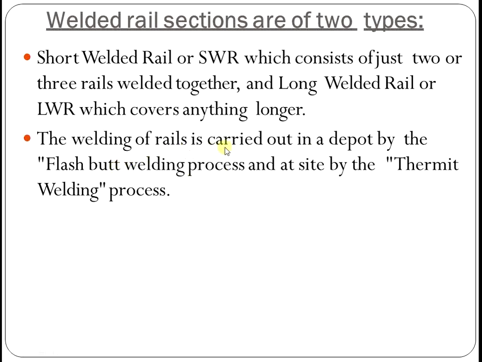The welding of the rails is carried out in the depot by the flash butt welding process, and at site by the thermit welding process. All this process is done in the manufacturing or depot plant, and after that we weld again at site with the help of the thermit welding process.